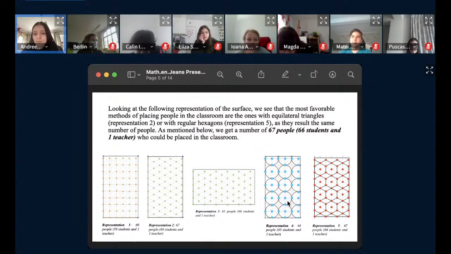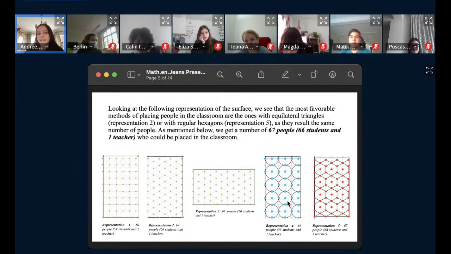The next one was made with circles of a radius 1.5 meters, and using it, we can arrange 44 people in our classroom. And the last one was made with regular hexagons of side, again, 1.5 meters, and we get a number of 67 people.